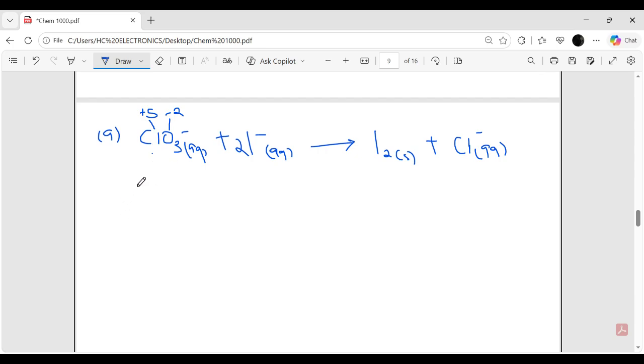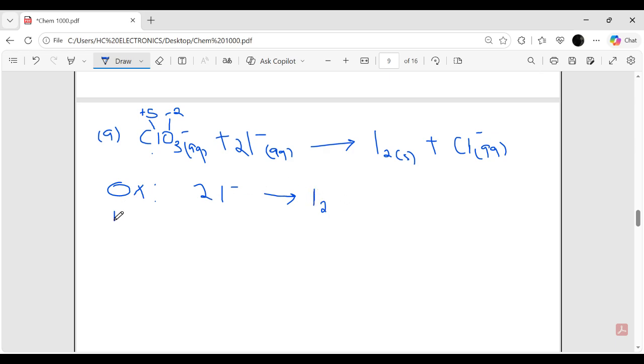So I swapped them. For oxidation, what's undergoing oxidation is iodide, 2I-, which is being converted to iodine, I2, like this.